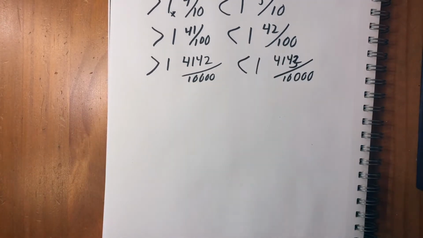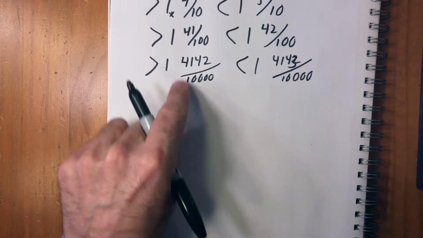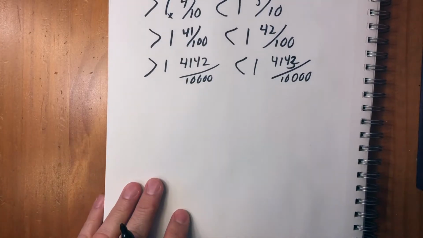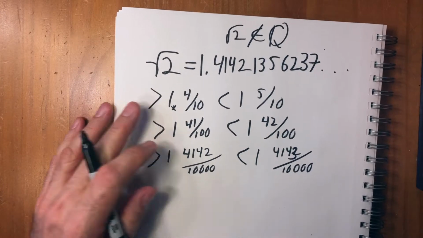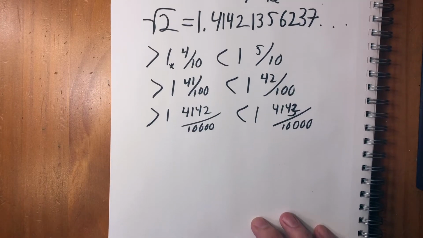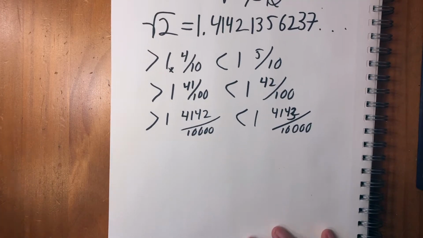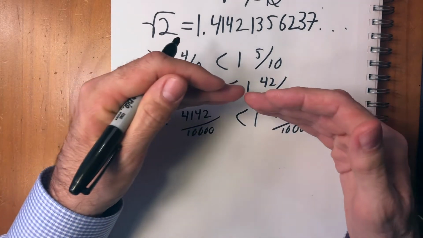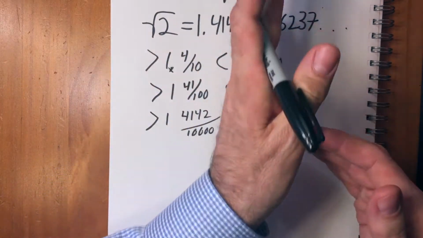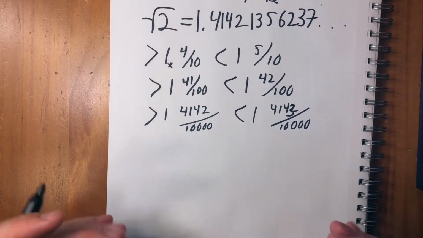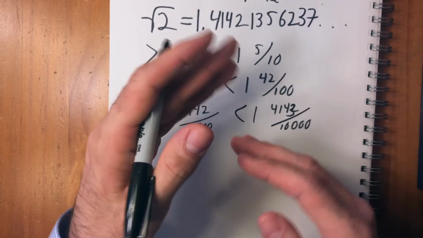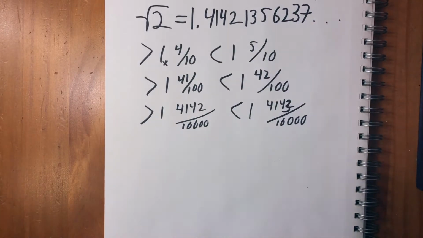We're never going to land on a fraction that equals the square root of 2. So no matter how close you get, there's always a gap in the rational numbers. You can always get closer, but there's a gap. That's an amazing claim.